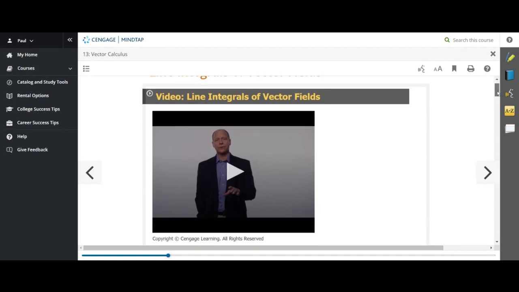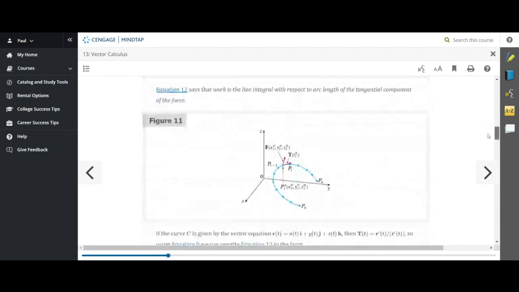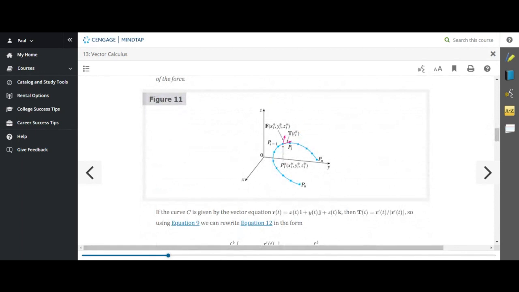So the scenario here is what you see in figure 11. You have a particle that goes from an initial point P sub 0 to a point P sub n. The vectors in the field act upon every point on the path that the particle makes.